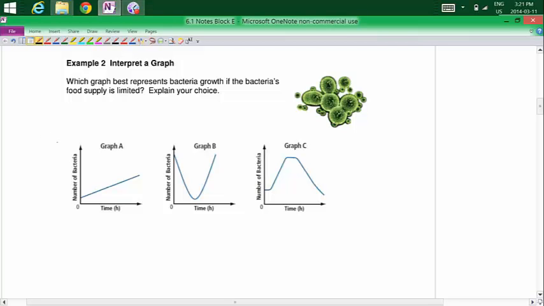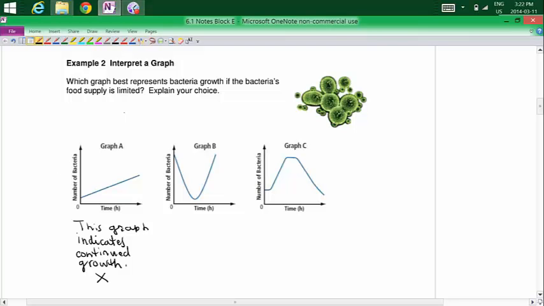So this graph indicates continued growth. Okay, so it doesn't work.